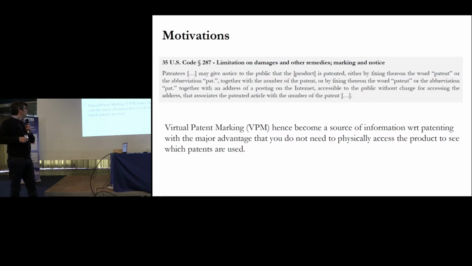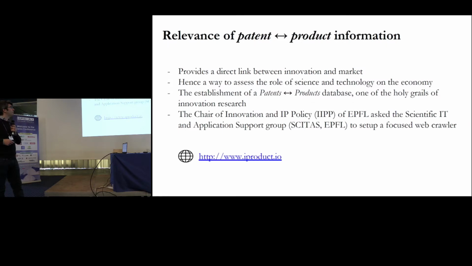So this is called virtual patent marking, and it makes the web a source of information for patent marking, with the big advantage that you don't need to physically access the product to see which patents apply to that product.